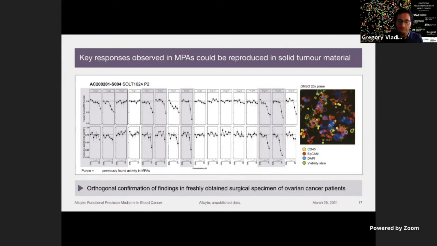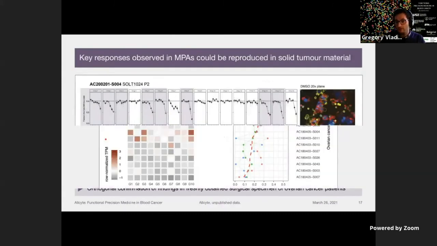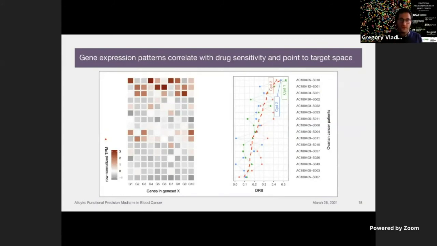So the idea here is that we start to see patterns of the data in responders and non-responding patients. And we can add orthogonal data on top of that in genetics and try to understand: these drugs are approved for other indications, are we hitting the same target space? Do we find off-target activity of these drugs? What pathways are they affecting?